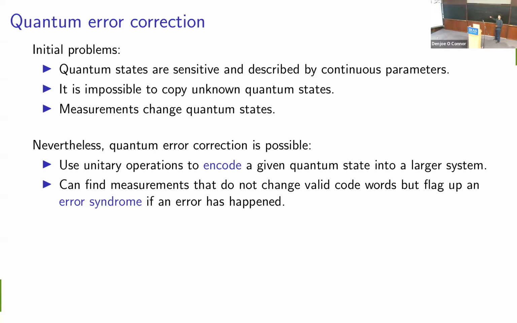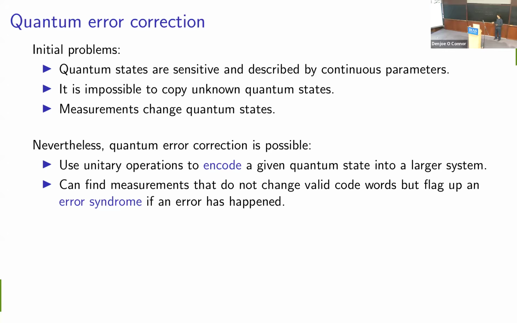But if we had a bit flip error on one of the qubits, so if in one place a 0 became 1 and a 1 became 0, then that's something that we can pick up on by doing these parity checks. So for example, if we end up with a state that's something like alpha 100 plus beta 011, then if we check the parity of the first two qubits, we'll now get a different result, because now they're no longer equal to each other.